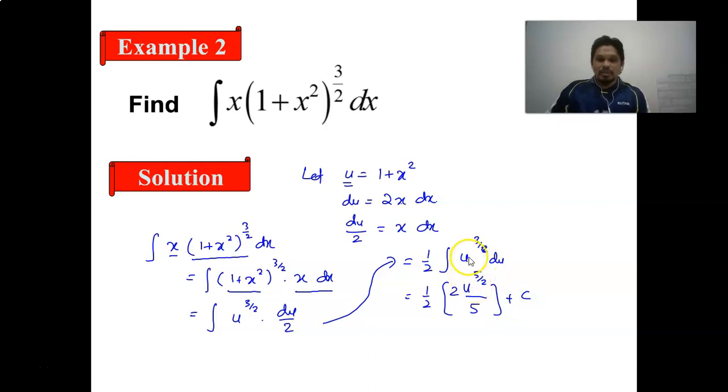So the integral of u to the power of 3 over 2 uses 3 over 2 plus 1, where we change 1 into the fraction 2 over 2, giving 5 over 2. Dividing by 5 over 2, we switch the position upside down, so it becomes 2 over 5 plus c. The 2 divided by 2 cancels, then we have u. Don't forget to change u back in terms of x: (1 plus x squared) to the power of 5 over 2, divided by 5, plus c.